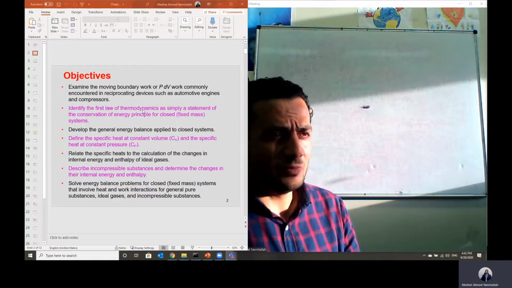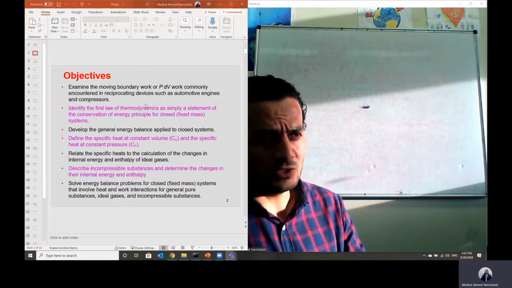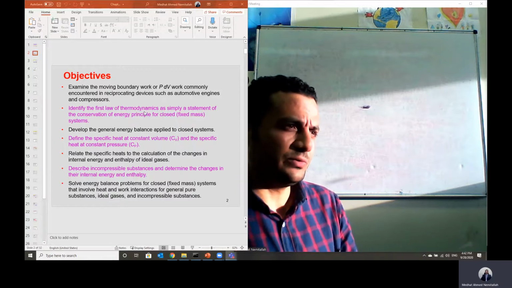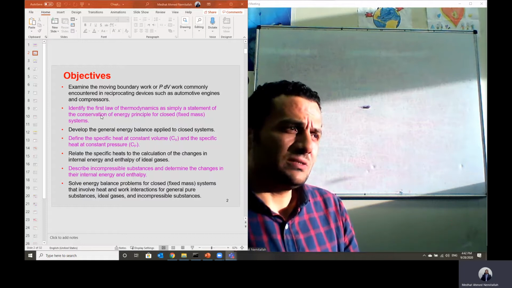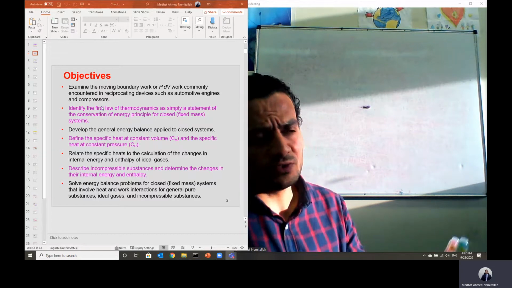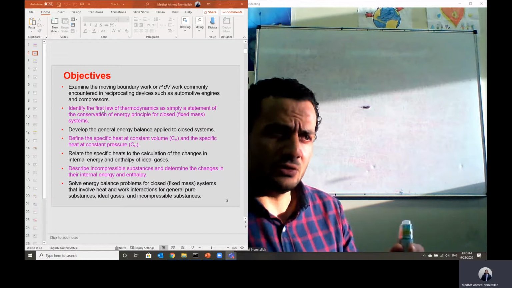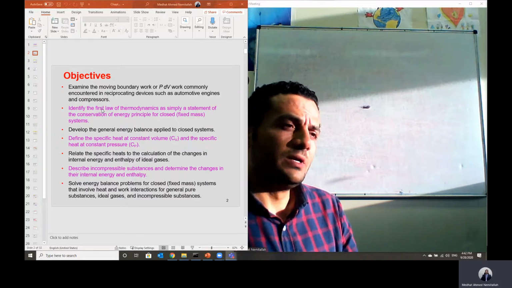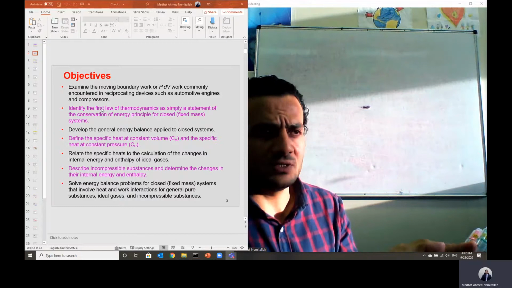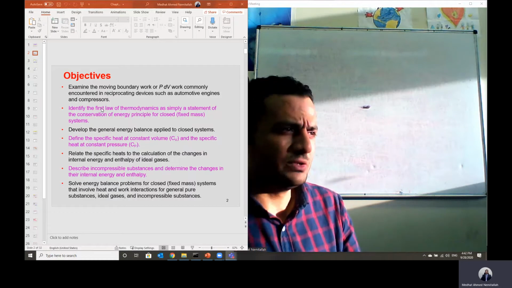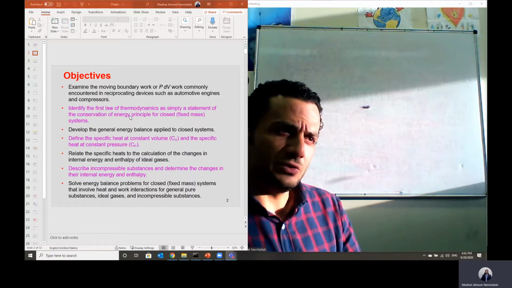As we said, most of the material in the middle of this chapter is just repeated from chapter 2. We talk about the first law of thermodynamics. We said it is based on the conservation of energy principle: energy cannot be created or destroyed. Based on this concept, for any thermodynamic system, energy input minus energy output will equal the change of energy of the system.